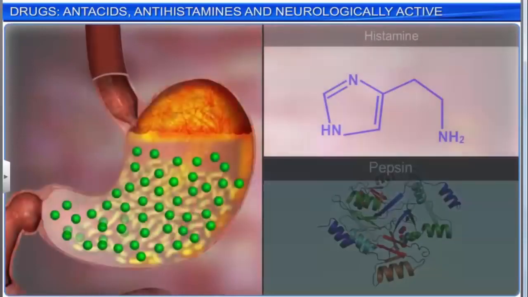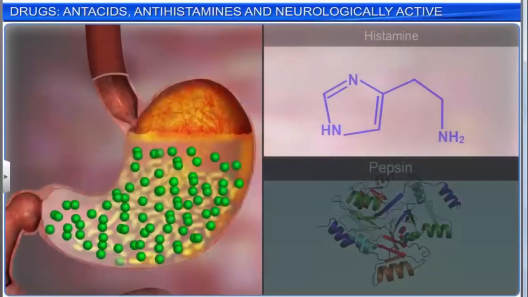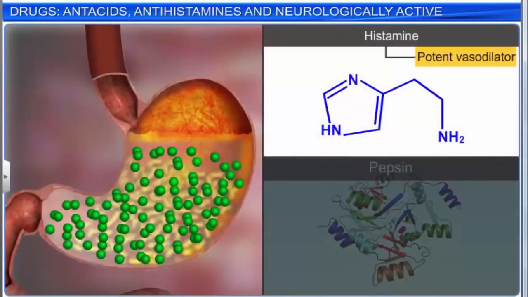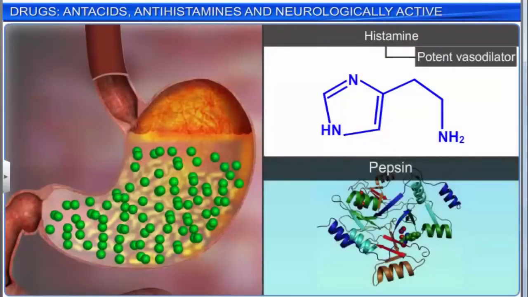A major breakthrough in the treatment of hyperacidity was the discovery that histamine, a potent vasodilator, also stimulates the secretion of pepsin and acid in the stomach. This discovery spurred the search of new compounds that structurally resembled antihistamines and would block acid secretion.